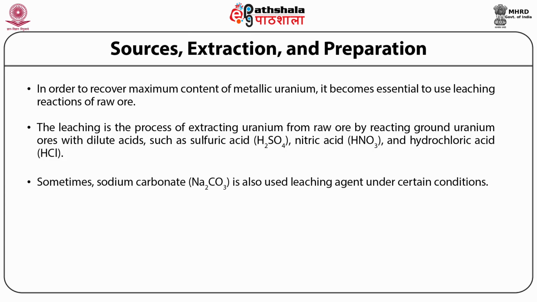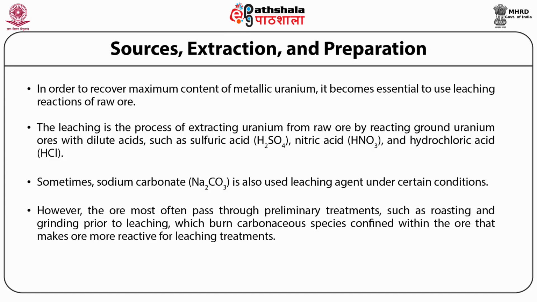Sometimes sodium carbonate is also used as a leaching agent under certain conditions. However, the ore most often passes through preliminary treatments such as roasting and grinding prior to leaching, which burns carbonaceous species confined within the ore, making the ore more reactive for leaching treatments.